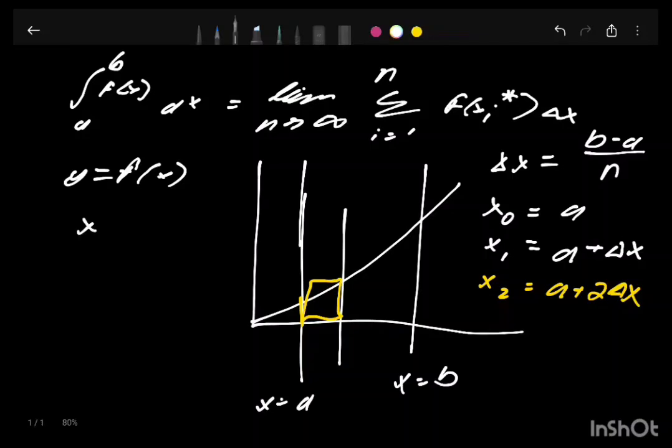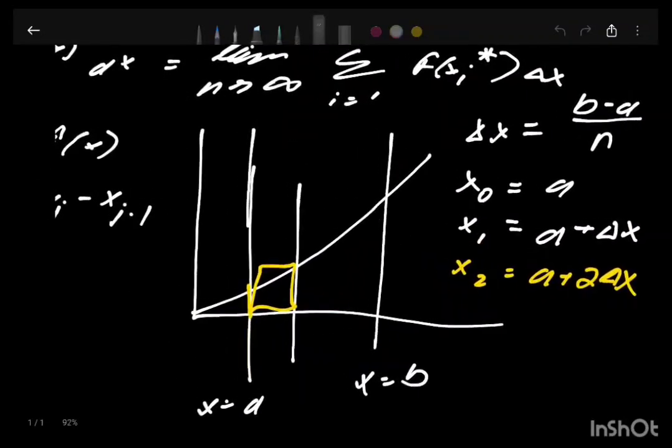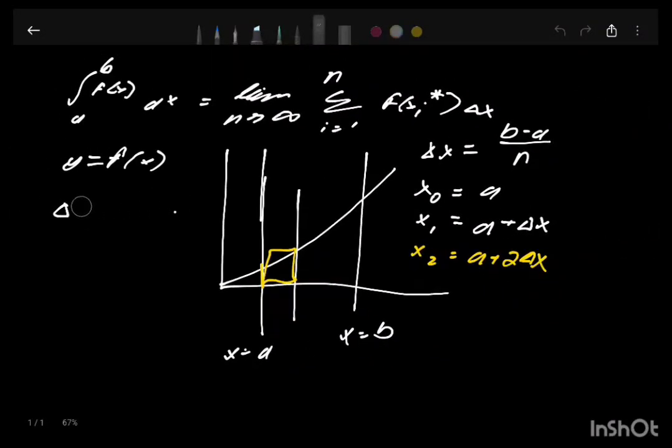So say this is our sample point x sub i asterisk, and then its length can be given by f of x sub i asterisk, because the asterisk indicates that we are using a sample point. So we have f of x sub i asterisk as our length. Now the width of the subinterval can be given as x sub i minus x sub i minus 1, so basically this right here. That's delta x. So our width is delta x.